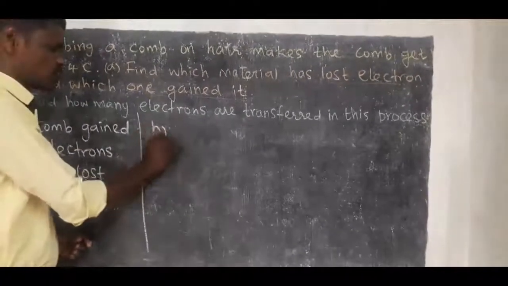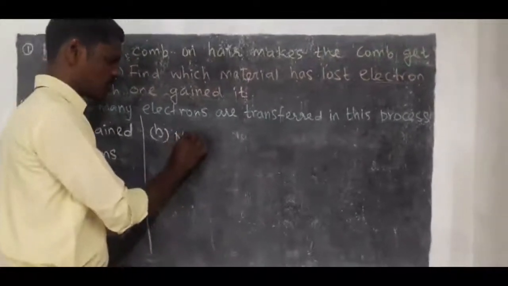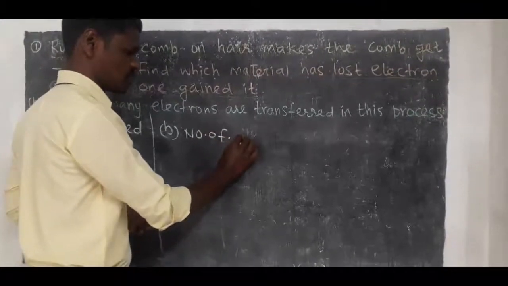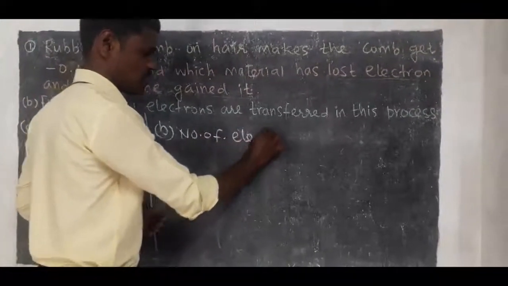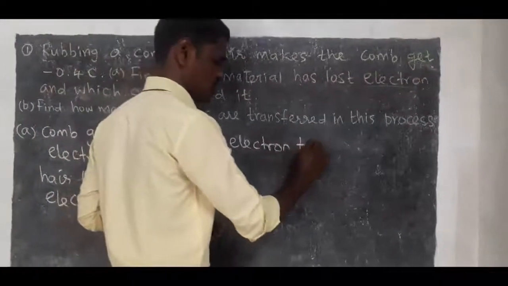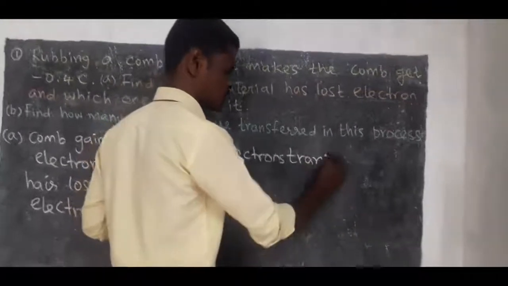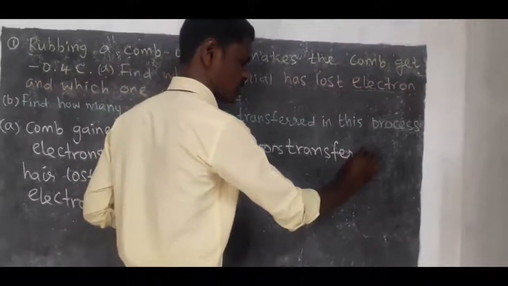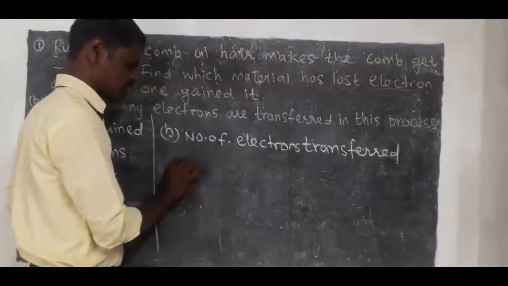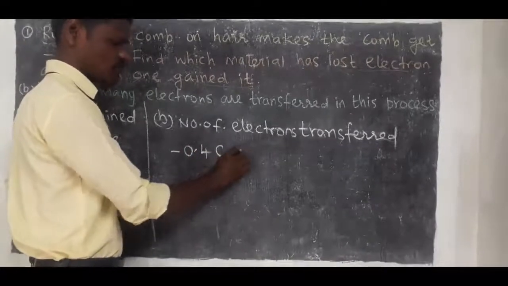So the second one: how many electrons are transferred in this process? The number of electrons transferred is for minus 0.4 coulomb.